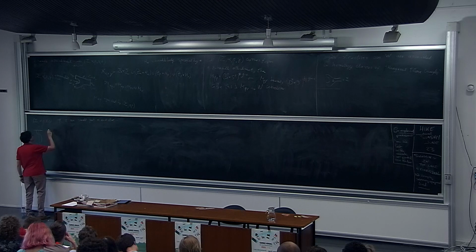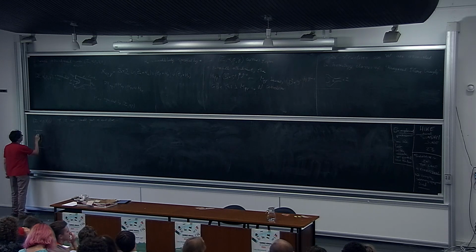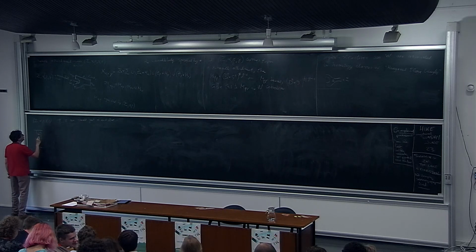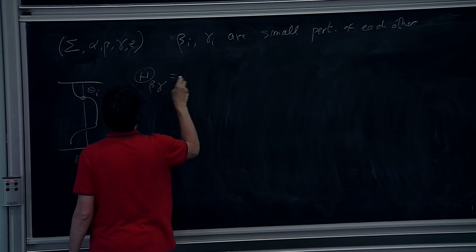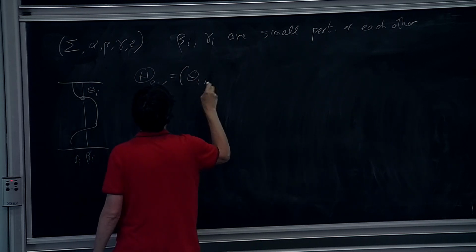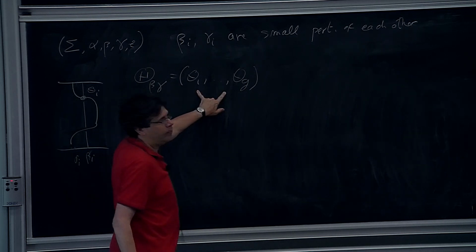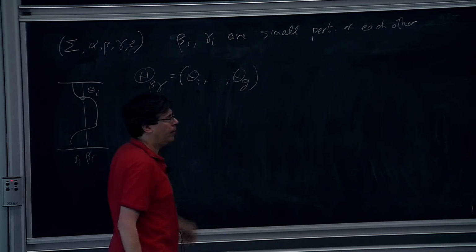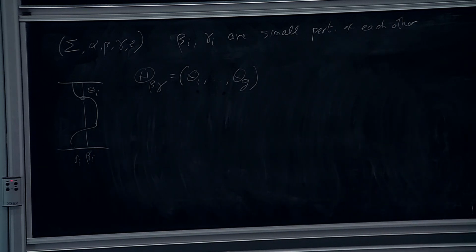So then we have the usual generator theta I, and we call theta beta gamma the family of these. Moreover, suppose that we have some alpha curve.